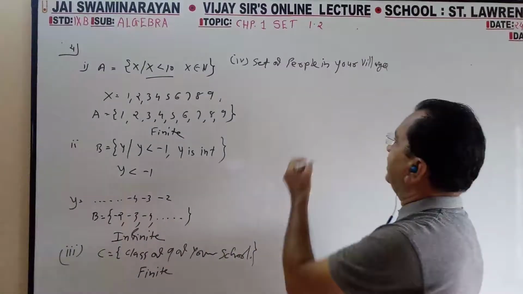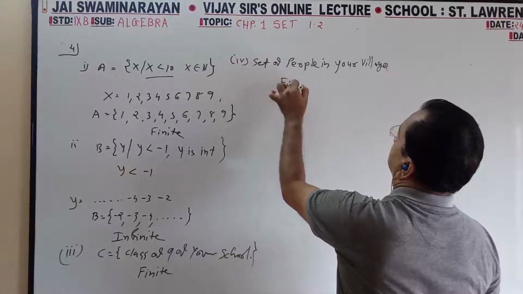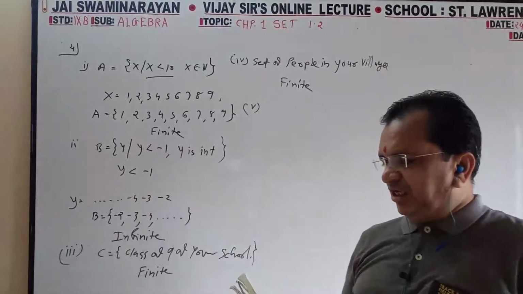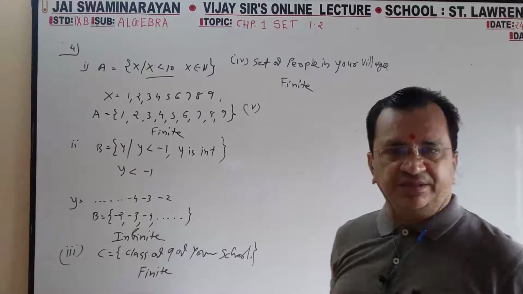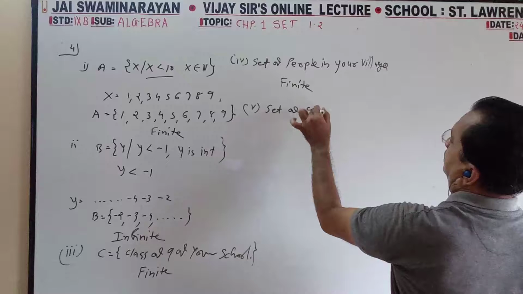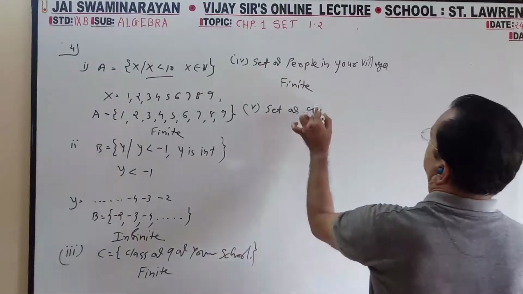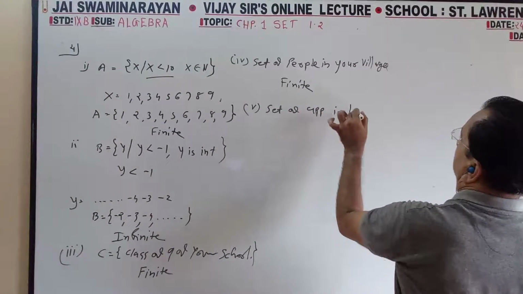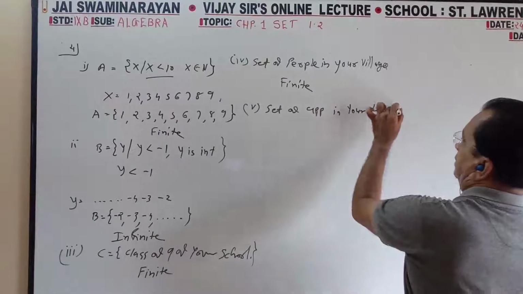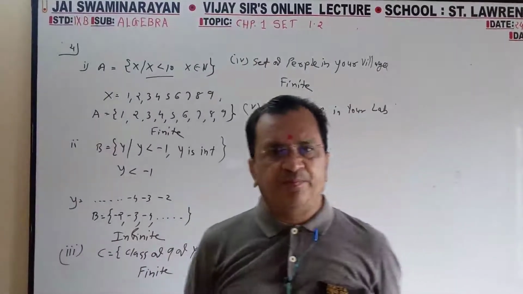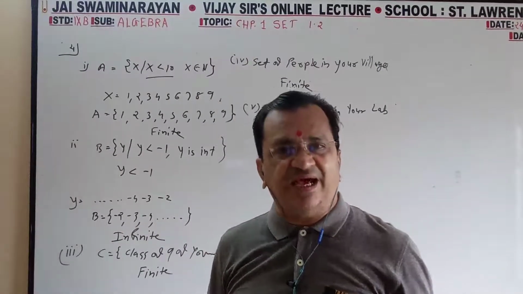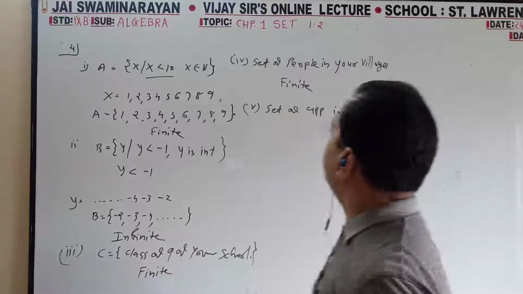Countable means finite. Set of apparatus in your laboratory. In the laboratory, how many things are there? We can count, so it is finite.